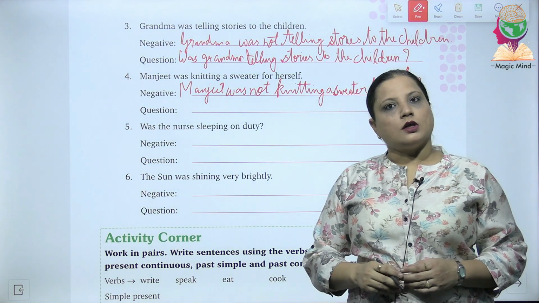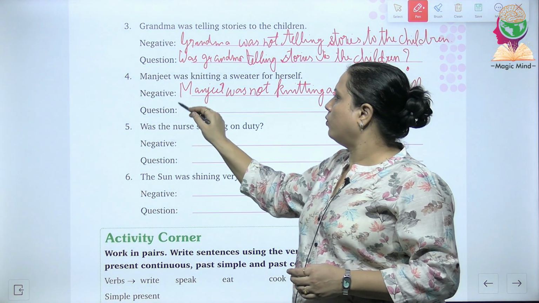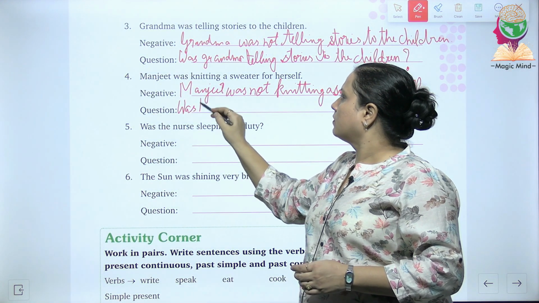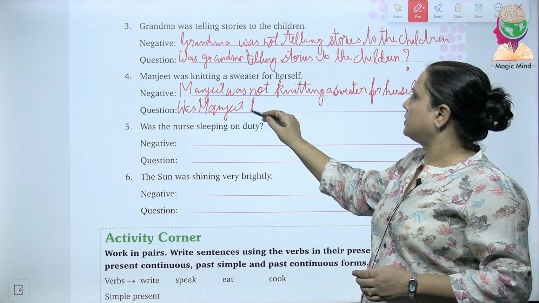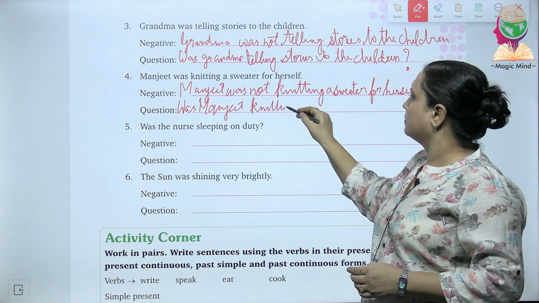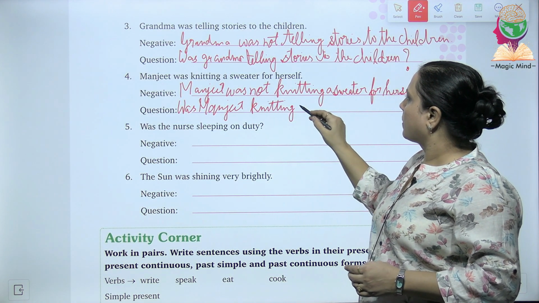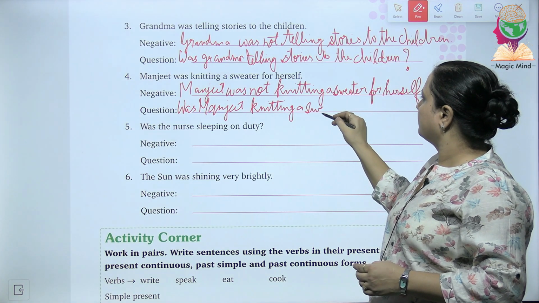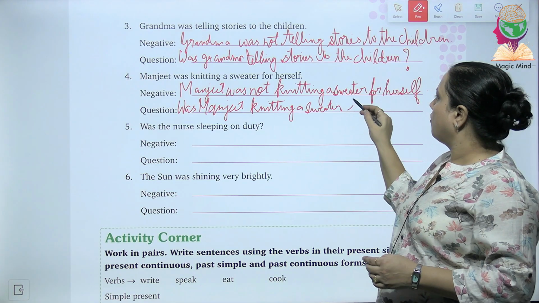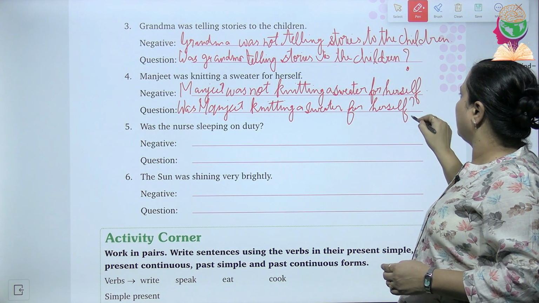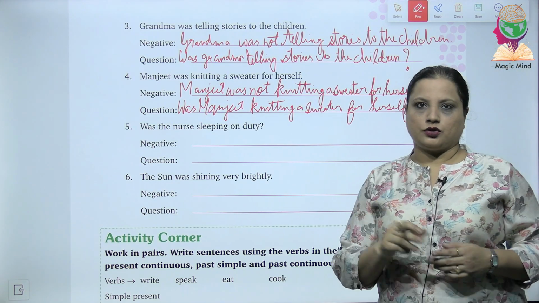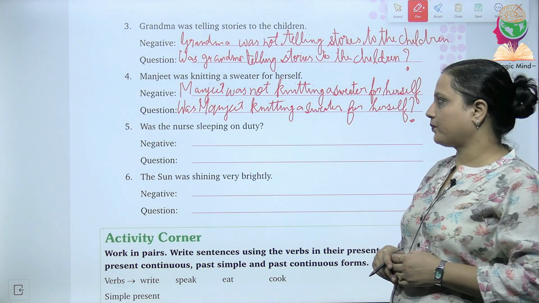Full stop. Now the question form will be was Manjeet knitting a sweater for herself, and then a question mark at the last.